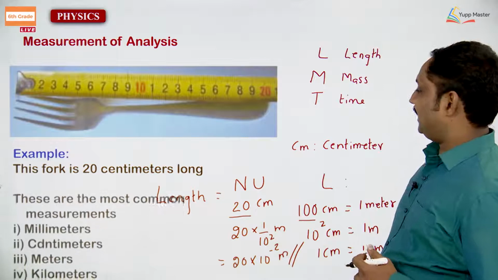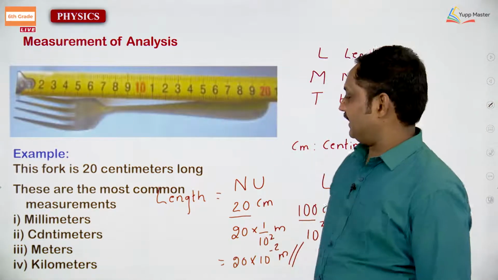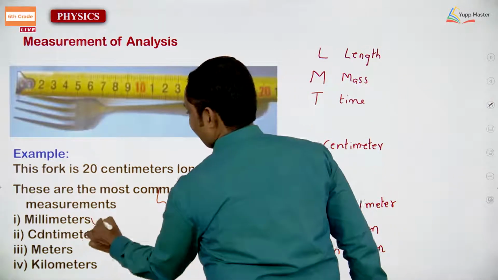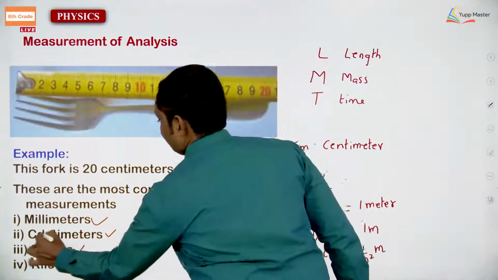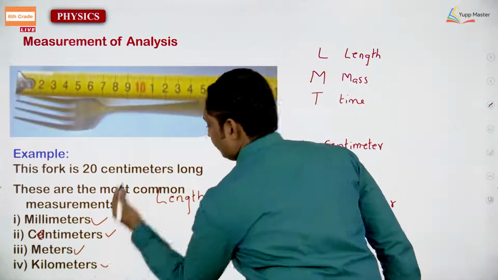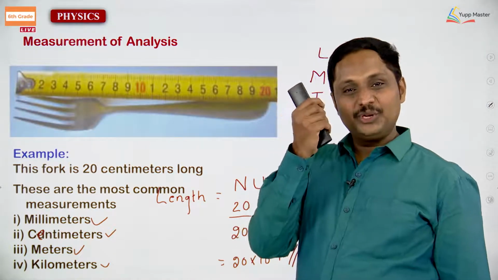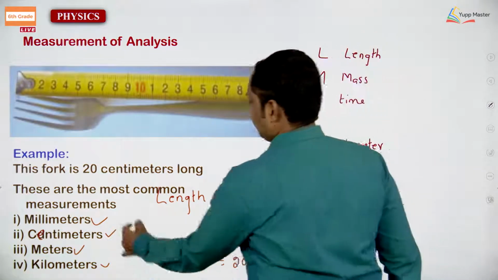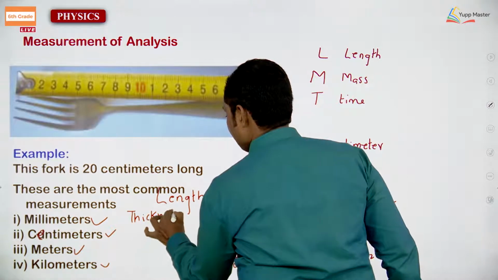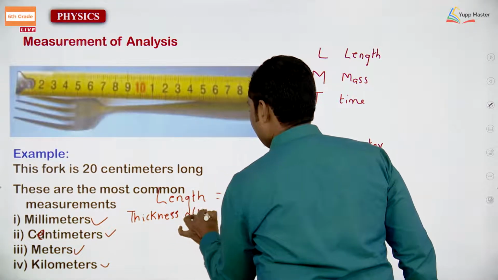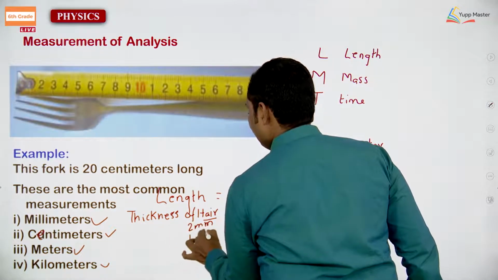All right. Let's go for another one. There are most common measurements: millimeters, centimeters, meters and kilometers. Millimeter, if you take the thickness of hair, it is 2 mm, 1 mm.